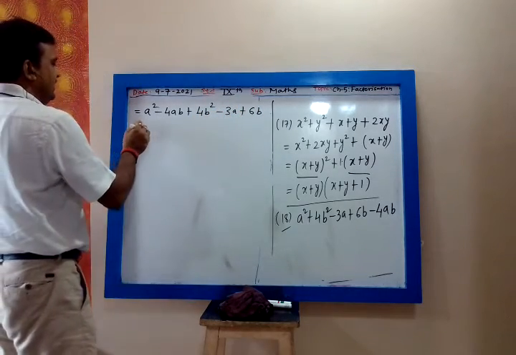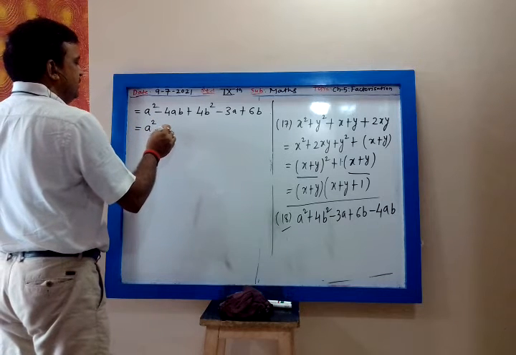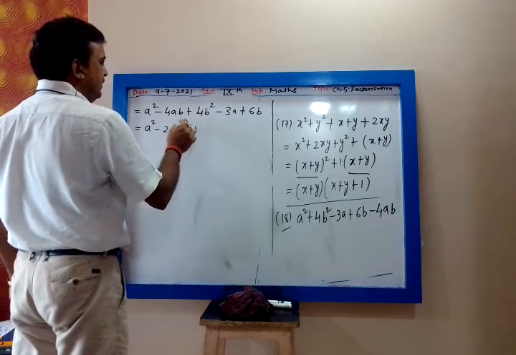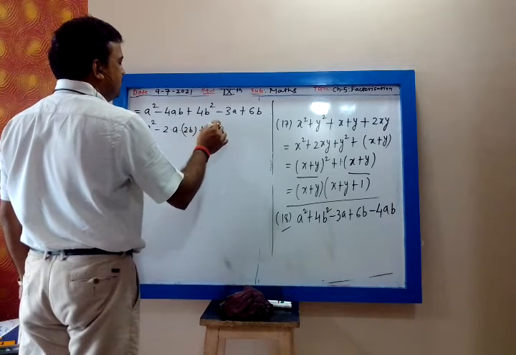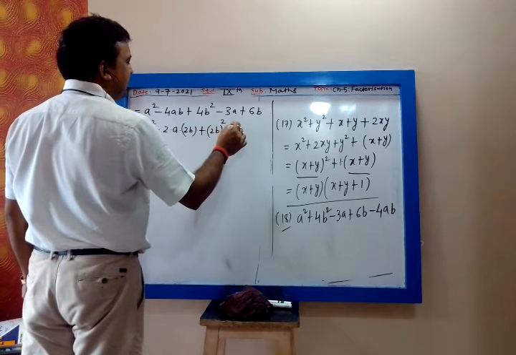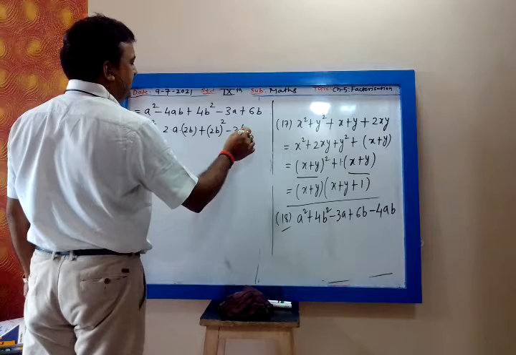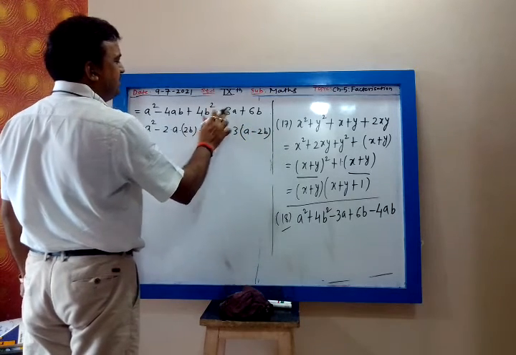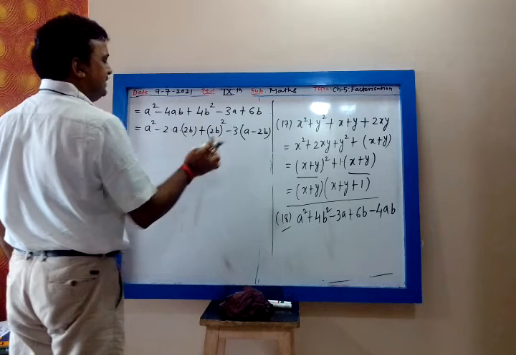Now this I can write as a square minus 2 into a into 2b, and 4b square I can write as 2b whole square. Minus 3 I can take common, then it is a minus 2b. I have taken minus outside, so the inside sign will change, plus will become minus.